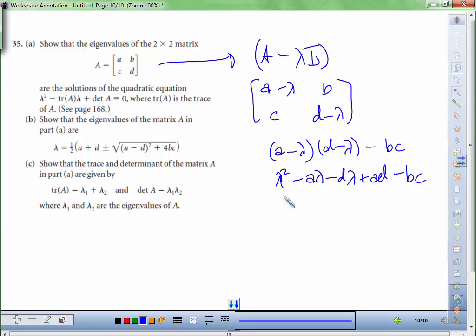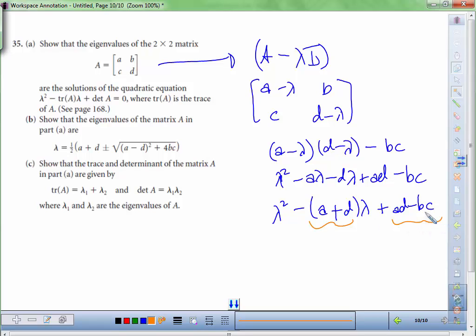And if we break this up, let's do the minus A plus D lambda, and then AD minus BC. Oh, plus. Yeah.